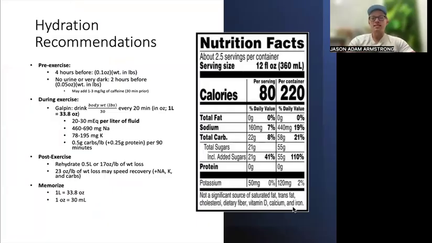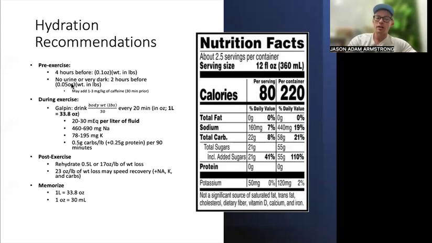Hydration recommendations. This is where I need you to pay very close attention because I do expect you to memorize and know these. Okay, so pre-exercise, the recommendation, and some of these come from the book, some of these come from literature. This one is from the book. So 4 hours before exercise, the recommendation is to drink 0.1 ounces per pound of body weight. Okay.